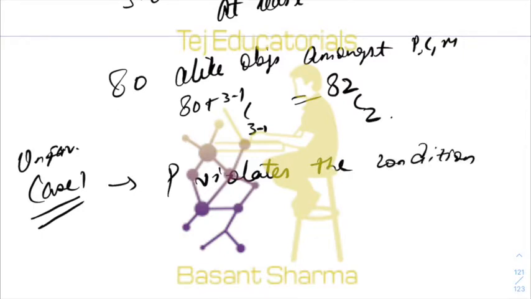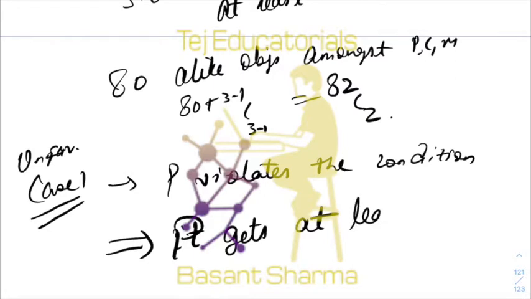That means P gets at least 51 objects. Each of the boxes P, C and M already has 50 objects each, so if P gets 51 or more, then it will violate the condition.